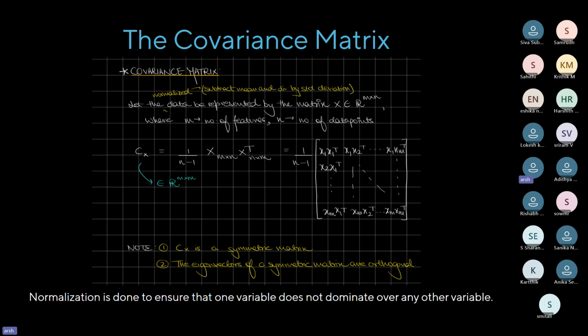Age would only range from 0 to 100, right? It won't be a very big number. But some other feature that you have is income. Income might go anywhere from 10,000 to 1 lakh to 1 crore, who knows? So that feature is numerically greater, and it might end up dominating over the age feature, which might be more relevant to whatever task you're doing. That is why you try to normalize all the variables.